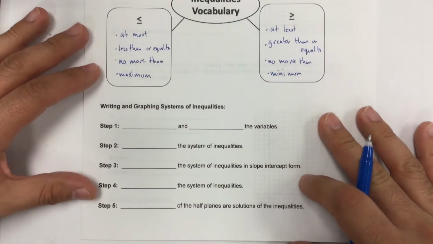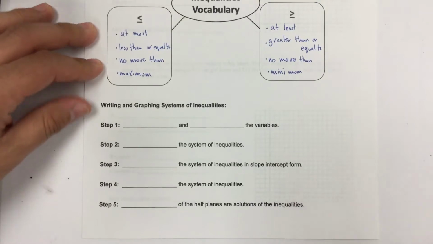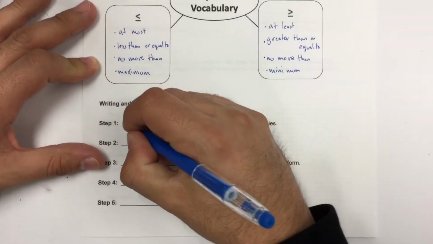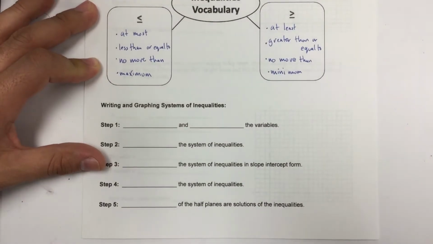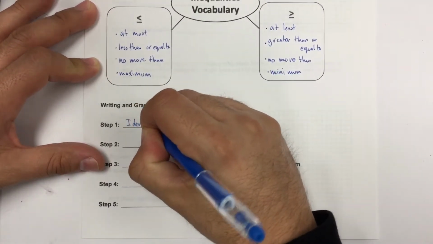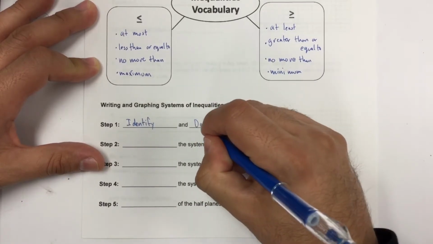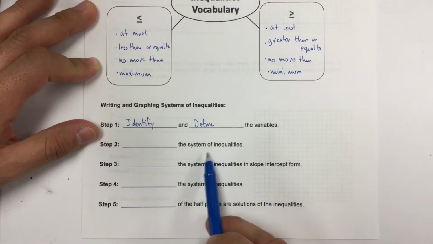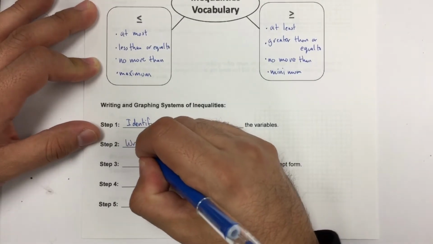All right, so some of the steps we can use for writing and graphing systems of inequalities. Same as before, we identify and define the variables. Then you're going to write the system of inequalities.